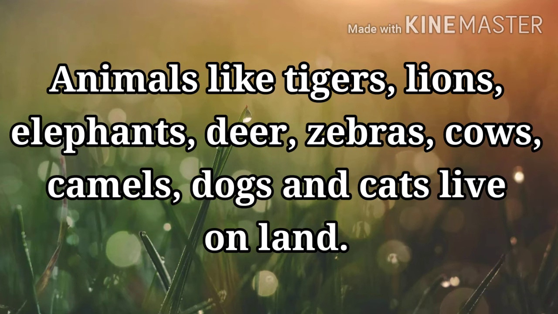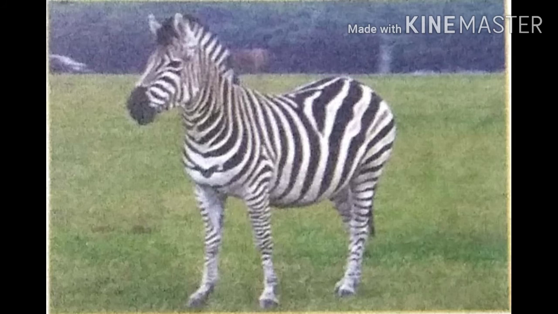Once again, lion, elephant, deer, zebra, cow, camel are land animals. See, zebra living on the land, cow. Next example is camel.